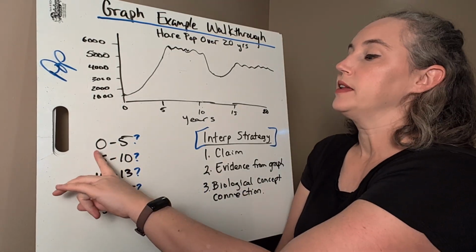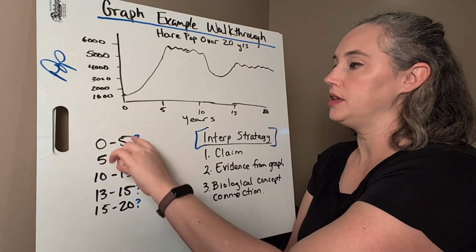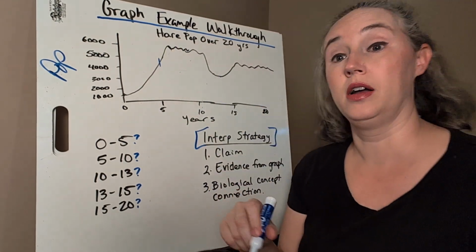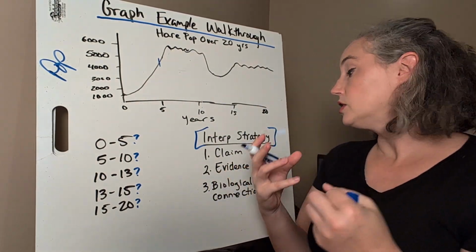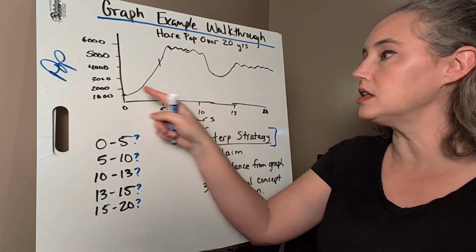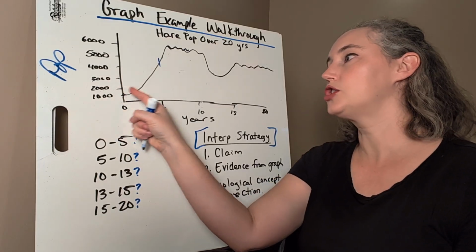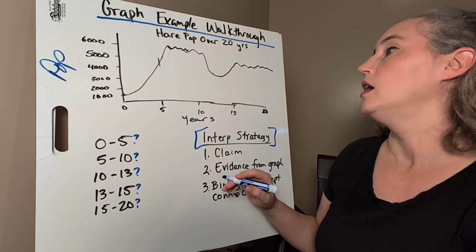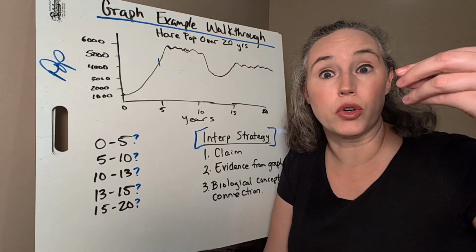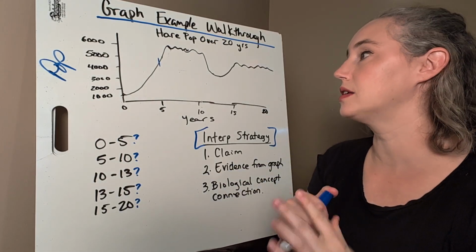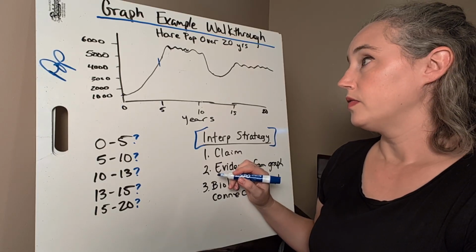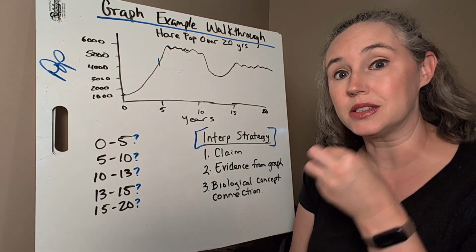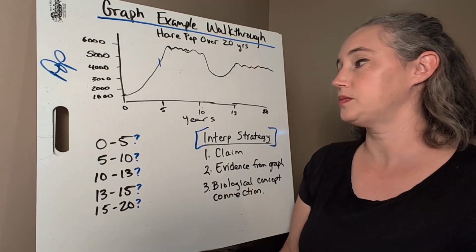All right, so if we look at 0 to 5 years, we've got exponential growth. The evidence is that we are shooting up. It's a steep inclined curve. And we could say births are greater than deaths. We could say that resources at this point are plentiful. That's making connections to the biological concepts.